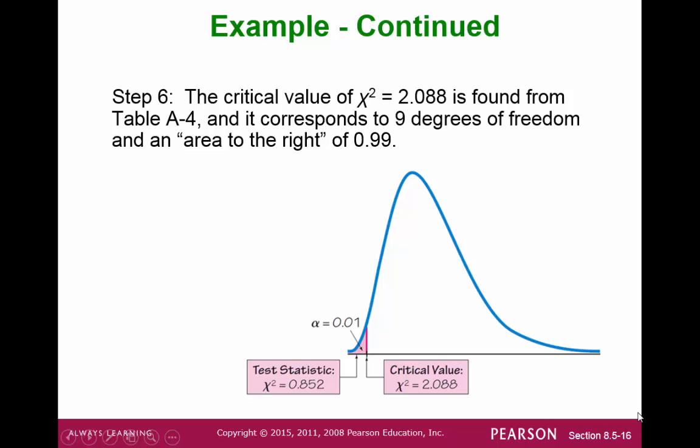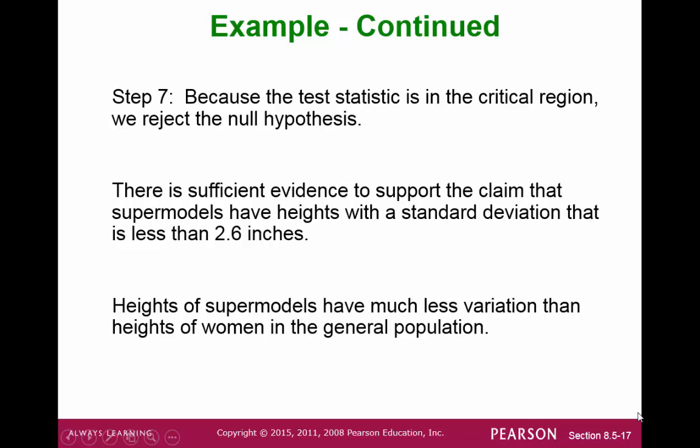With 9 degrees of freedom, we get our critical value to be 2.088. Our test statistic is quite smaller than that, and closer to 0, so our test statistic is actually in the critical region. So because our test statistic is in the critical region, we will reject our null hypothesis.